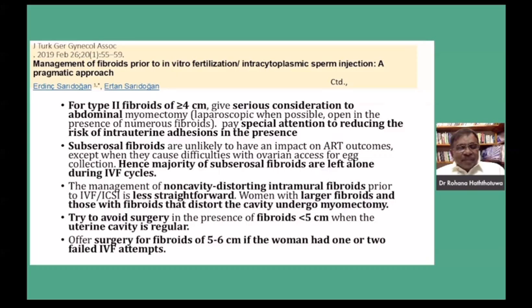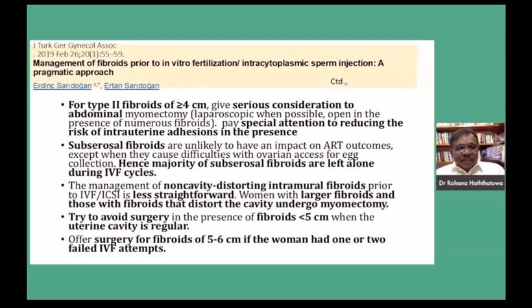Subserous fibroids are less likely to impact ART, hence the majority of subserous fibroids are left alone during the IVF cycle. And regarding the intramural fibroids, it is less straightforward, and for non-cavity distorting intramural fibroids the management is not very clear.